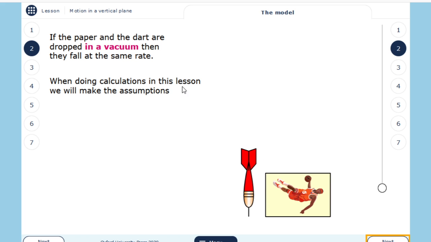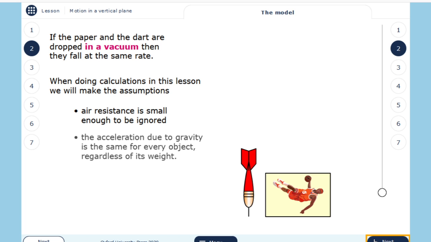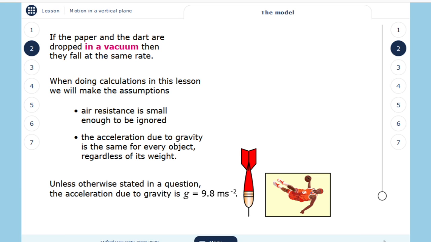When we do calculations in this lesson, we will make the following assumption. The air resistance is small enough to be ignored, and the acceleration due to gravity is the same for every object regardless of its weight. So unless otherwise stated in the question, the acceleration will always be 9.8 meters per second squared.